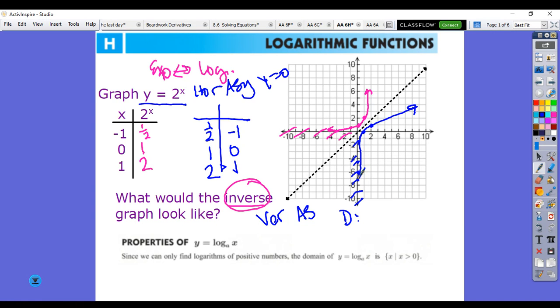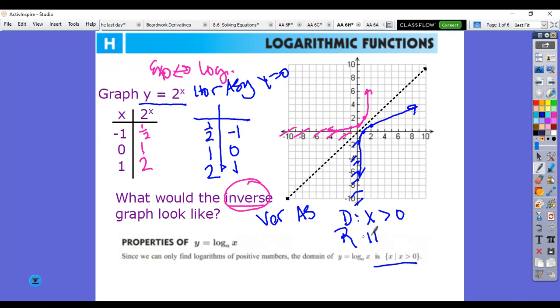Notice it's never going to touch the y-axis. That means x is never going to be 0. You never will cross into where x is negative. The domain for logarithms, x has to be greater than 0. That's what they're saying down here. And the range, how far down does the graph go? All the way down, and it goes all the way up.